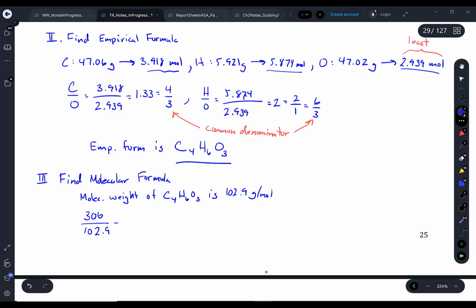It's basically 3, right? Again, if you're getting like 2.7 at that point, that should send warning signals through your mind that you've made a mistake somewhere. But 306 divided by 102.9, 2.97, that's really, really close, right? To 3. 102.09, I'm sorry.